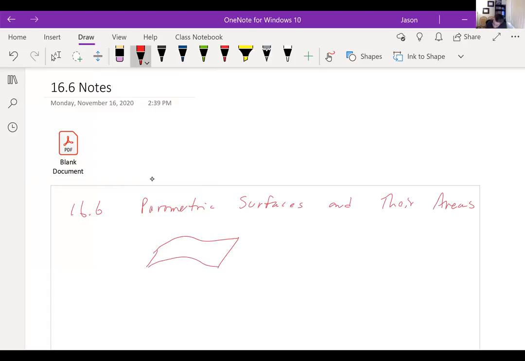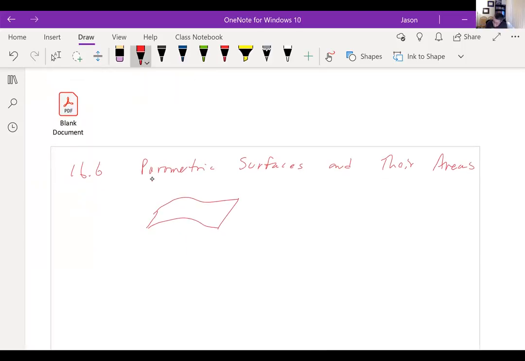We want to talk about the surface, parameterize this surface. Maybe it's like a globe or a cylinder. I don't know how you want to think about it. But we have some sort of surface and we want to parameterize this surface. And then we also want to talk about the area of the surface.